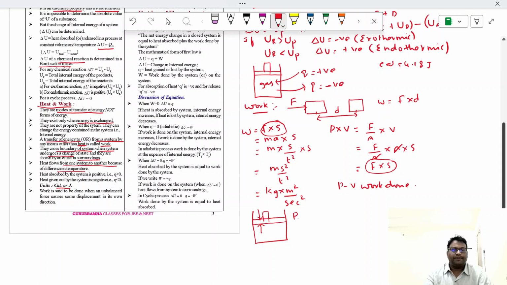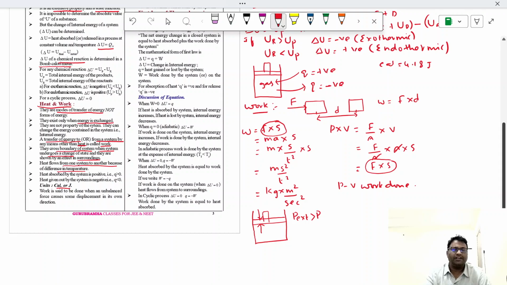If external pressure, P external, is greater than the pressure of the gas, P, where P external is the pressure which is pushing the piston, automatically what happens?